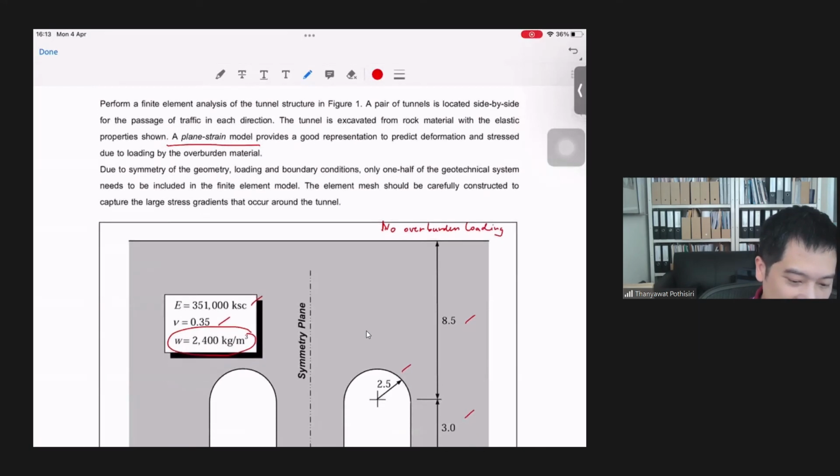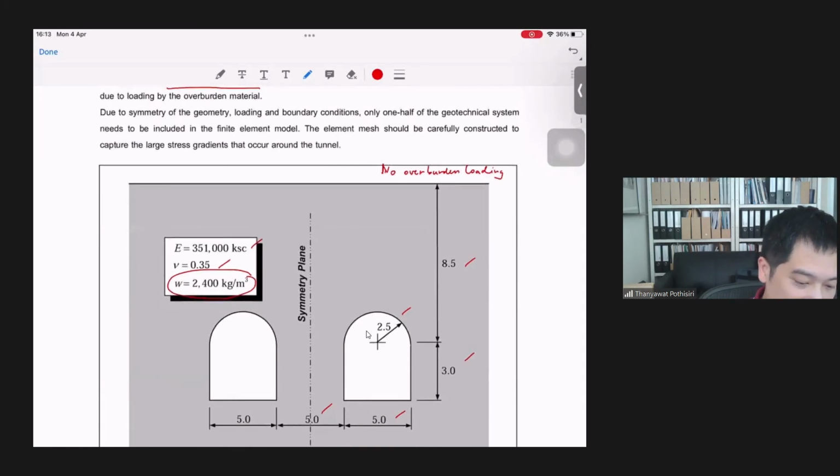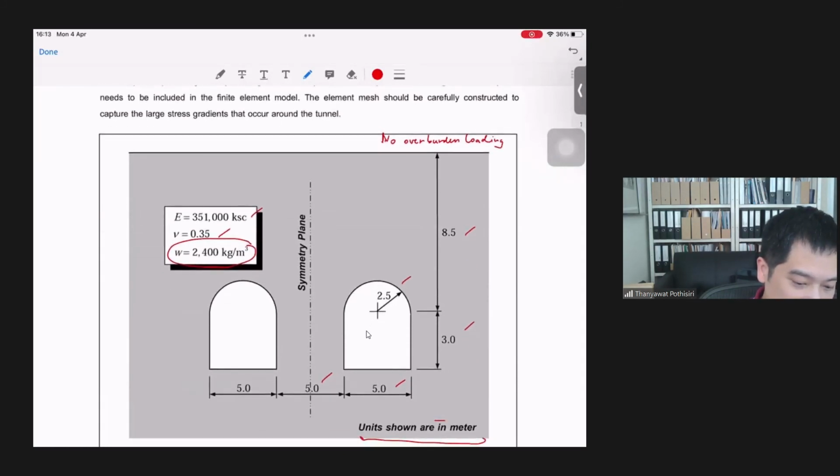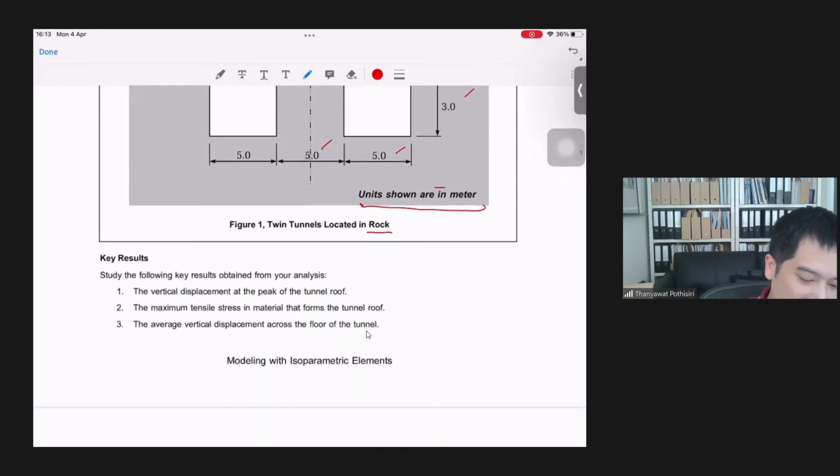And I ask for these key results here. So these are the key results that you must provide from your analysis.